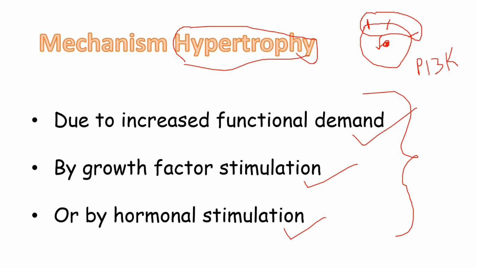So the end result of all this is going to be production of more growth factors. Second one is synthesis of contractile proteins. And third one is induction of embryonic or fetal genes which have better capacity to have a better contraction. Okay. So these are the ways in which hypertrophy happens in myocardium.